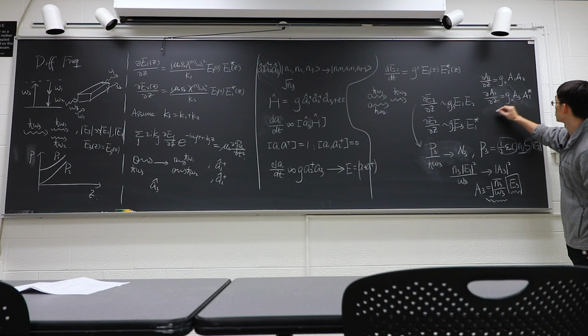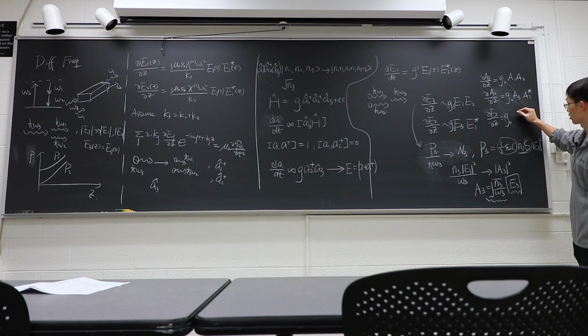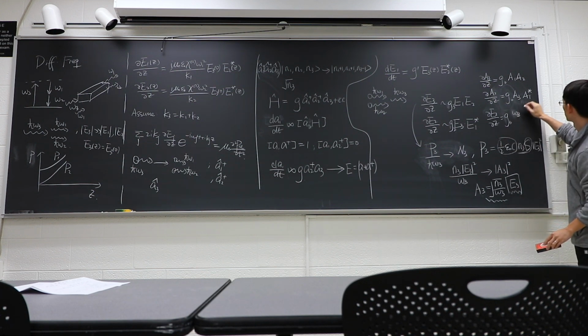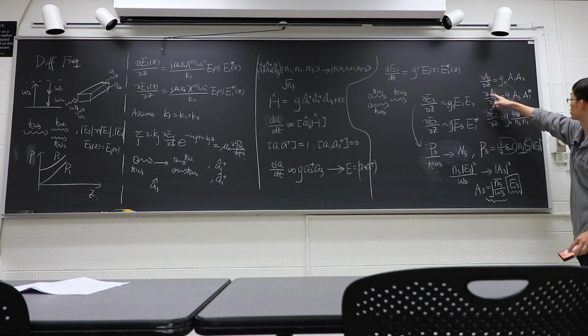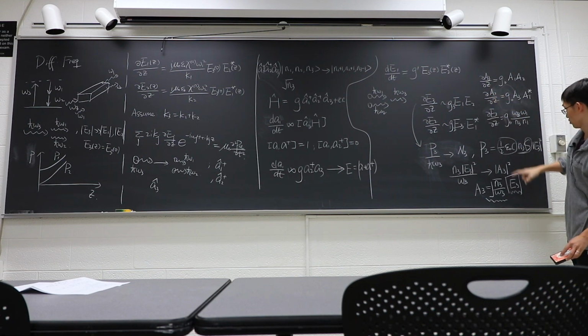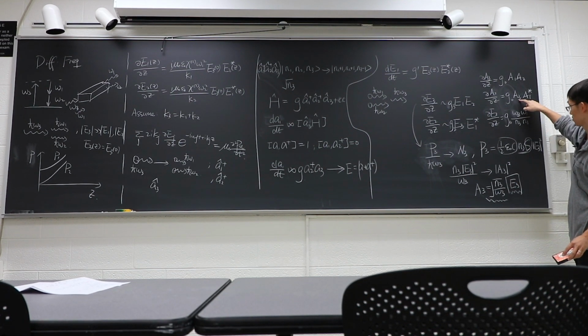So, for example, this one, you will get G naught, okay, you have N3, omega 3, omega 1 divided by N3, N1, and then A2, right? A2, and then N3 come, let's see.